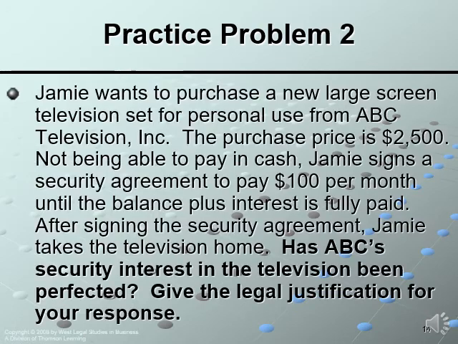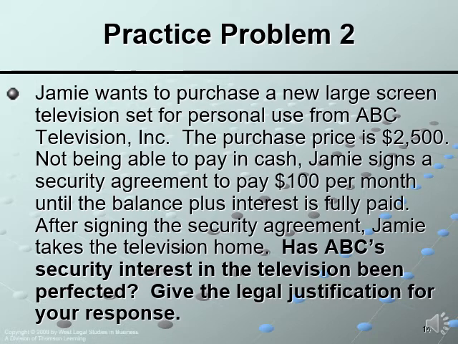Practice problem 2. Jamie wants to purchase a new large screen television set for personal use from ABC Television. The purchase price is $2,500 and she can't pay, so she signs a security agreement to pay $100 per month until the balance is paid. The question is, has ABC's security interest been perfected? So she's using this for personal use.